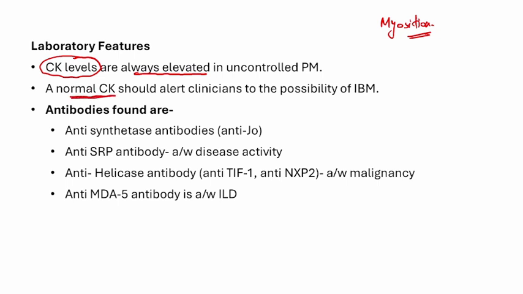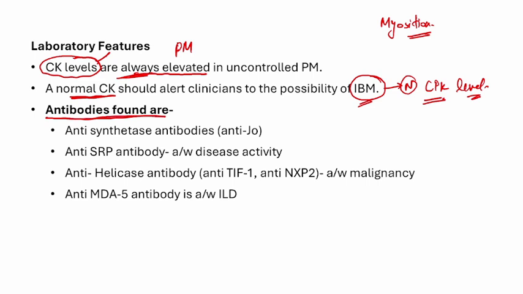Normal CK cannot be there. If there is normal CK, we have to rule out IBM. In IBM, there are normal CPK levels, not MB. MB is for heart. Normal CPK levels, then it is IBM. In polymyositis, CK levels are always elevated.